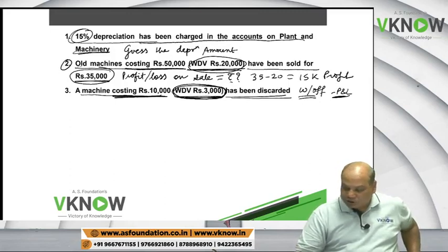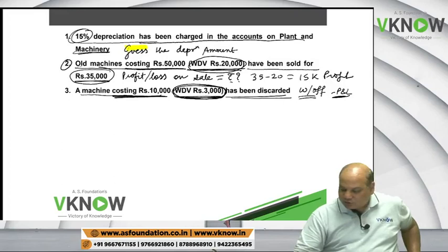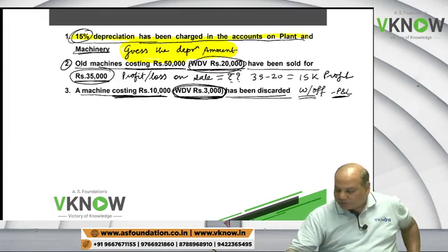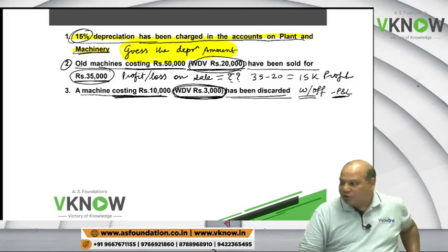So my question is, I will test your intelligence today. What is the depreciation this company must have charged? Read adjustment number 1, 2, 3 and guess the depreciation. Time allowed 10 seconds only.